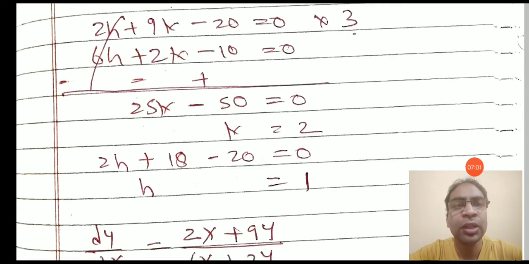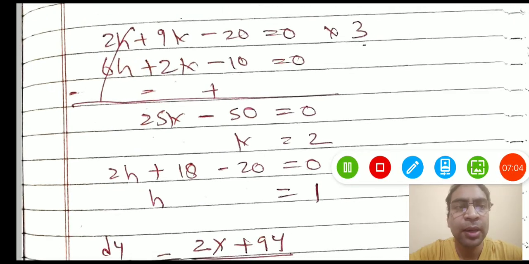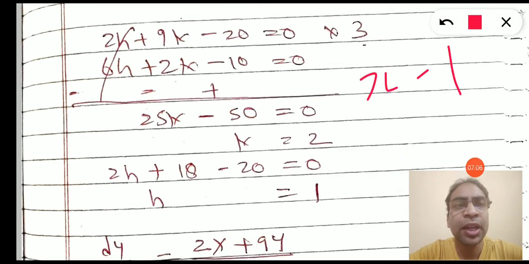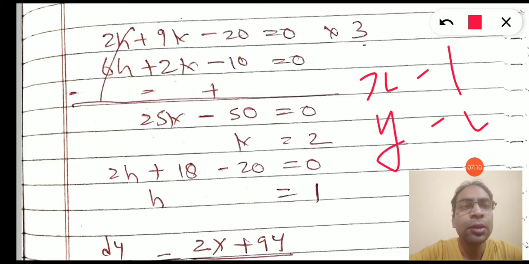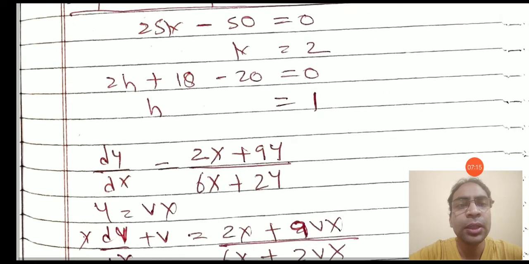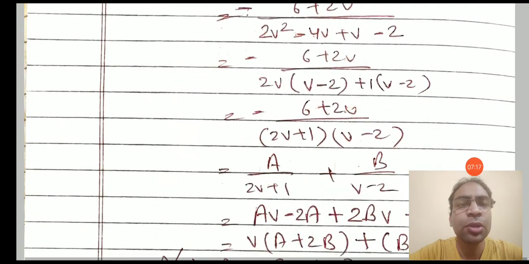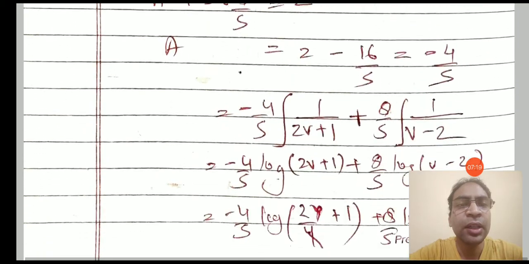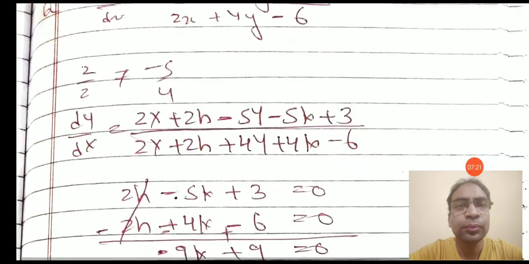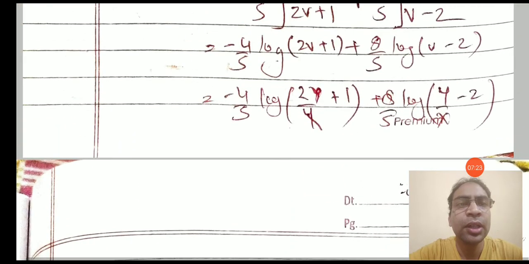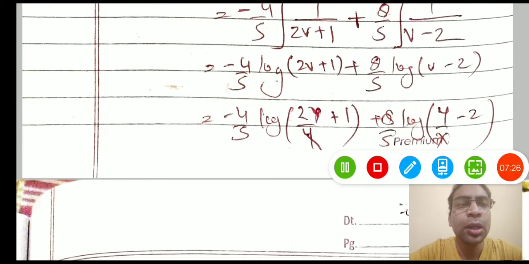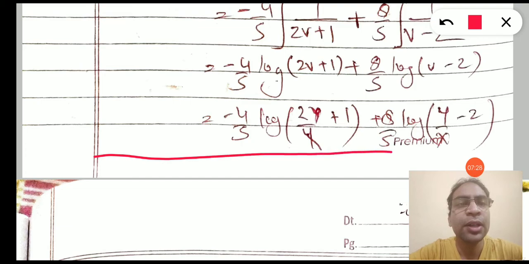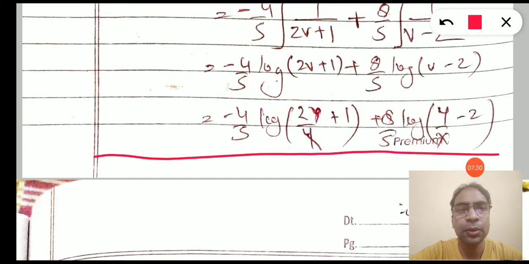So capital X will be small x minus 1, and capital Y will be small y minus 2. We will substitute these values into the equation on both the left hand side and the right hand side, and just by substituting we will achieve the final solution.